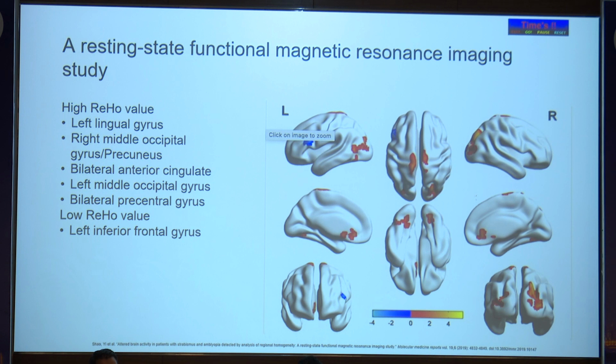There is another sequence, resting state functional MRI, where high ReHo values were seen in the left lingual gyrus, right middle occipital gyrus, bilateral anterior cingulate gyrus, left middle occipital gyrus and bilateral paracentral gyrus, and low ReHo value was identified in the left inferior frontal gyrus.